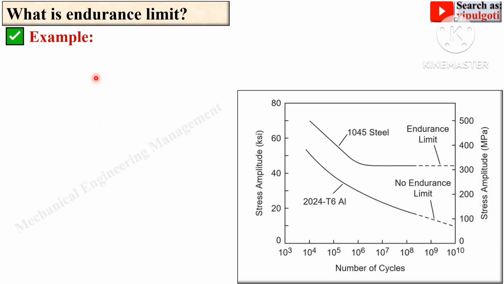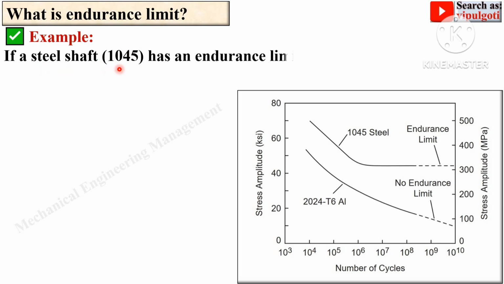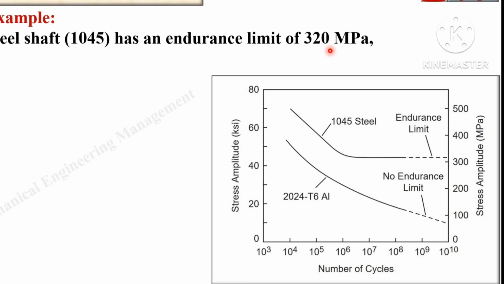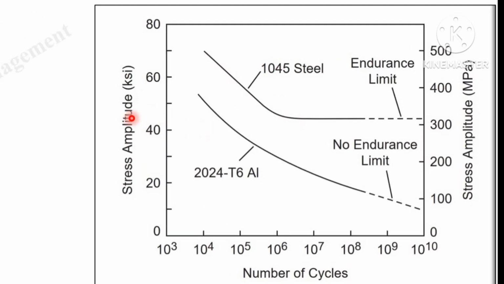Now let's take one example to understand exactly the endurance limit. If there is a steel shaft, category 1045, it has an endurance limit of 320 megapascal. Here on this stress versus number of cycles diagram, this line represents 1045 steel, and this is the endurance limit, approximately 320 megapascal.